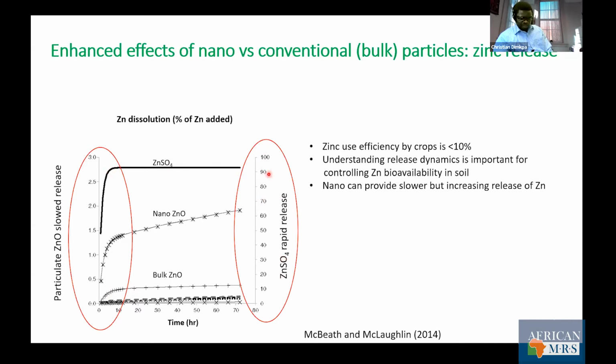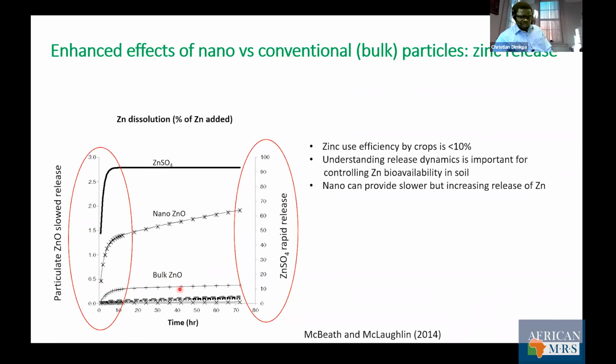So you see almost 100%, like 95% dissolved very early, and then you have a plateau. If you look at the nano zinc, the dissolution rate is lower and it's continuous. And if you look at the bulk zinc, it's very low and it plateaus out.